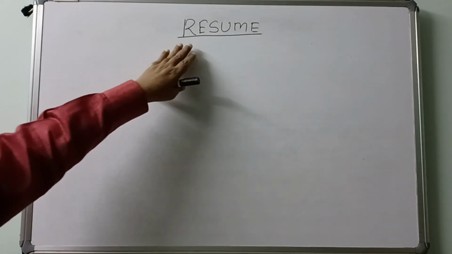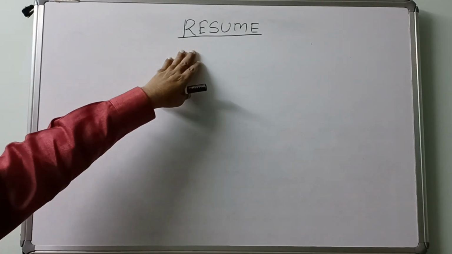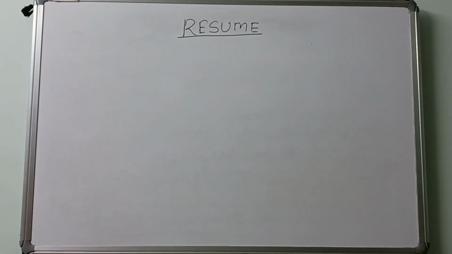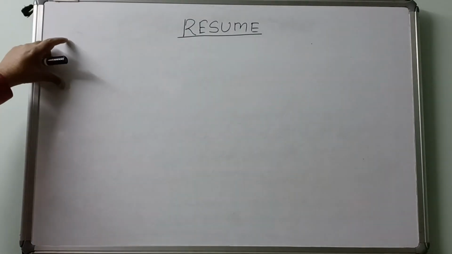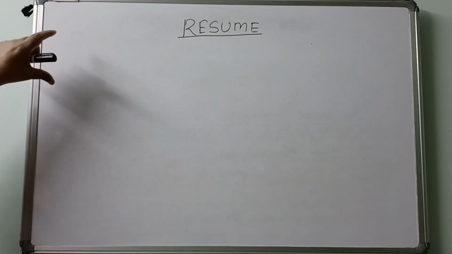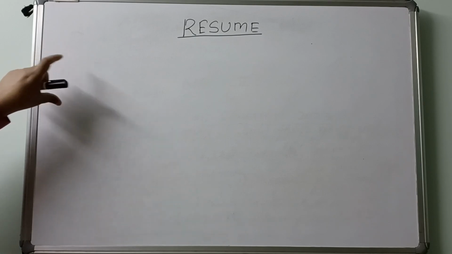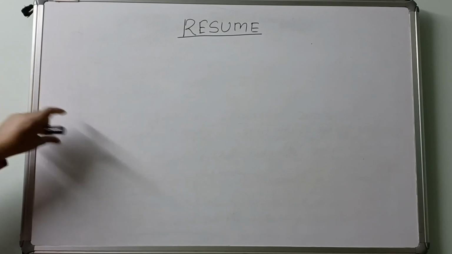At first you have to write resume here in capital letters. If you want, you can underline it. After this, you are going to write down the complete name of the person with complete address, including email ID and telephone number.